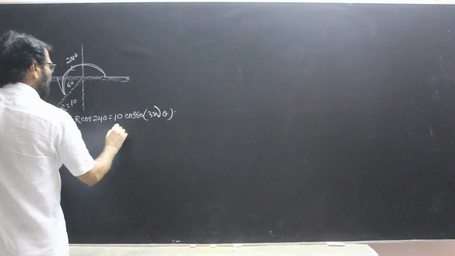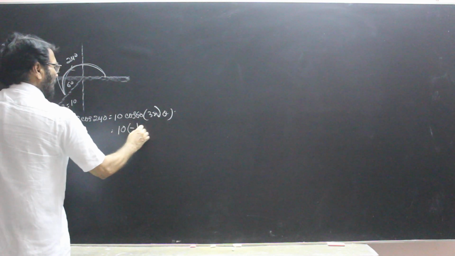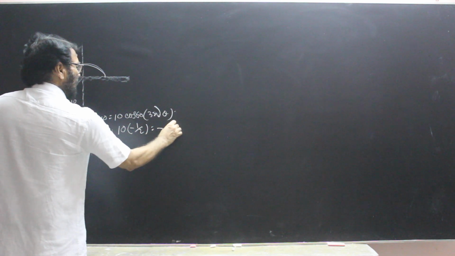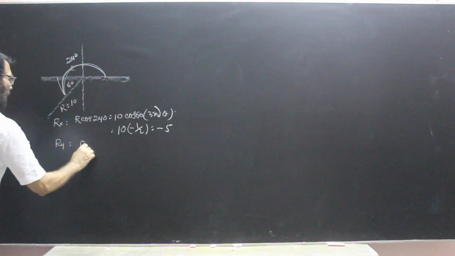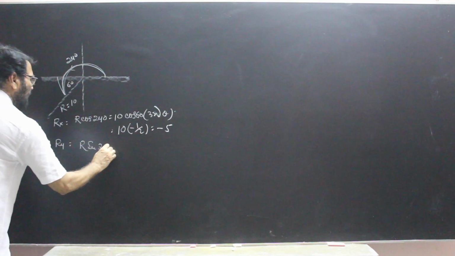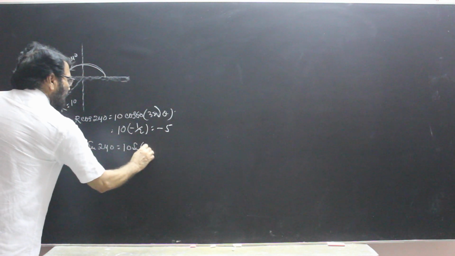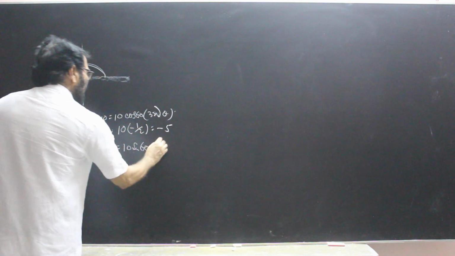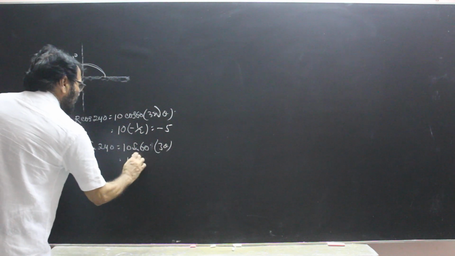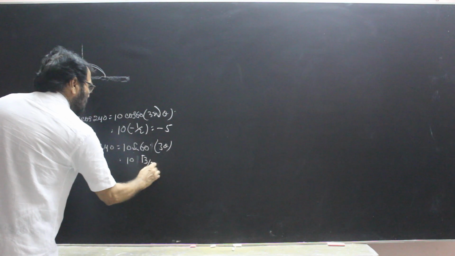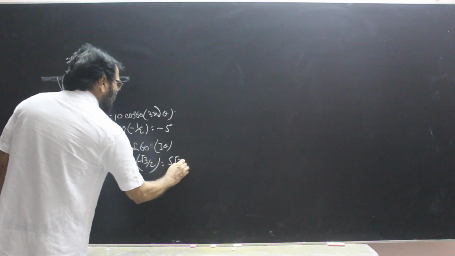So it is 10 and that is half, so it is -5, and Ry is r sine 240, so it is 10 and sine 60 in third quadrant, and it is 10 root 3 by 2 with a minus sign, so it is -5 root 3.